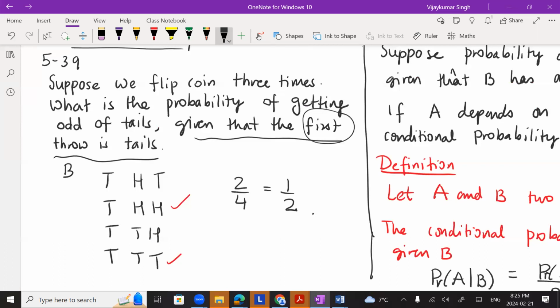That is B. And then we are asking what is the probability of getting an odd number of tails. This is A. Okay. So this idea is basically the idea behind conditional probability. Does it make sense to you?